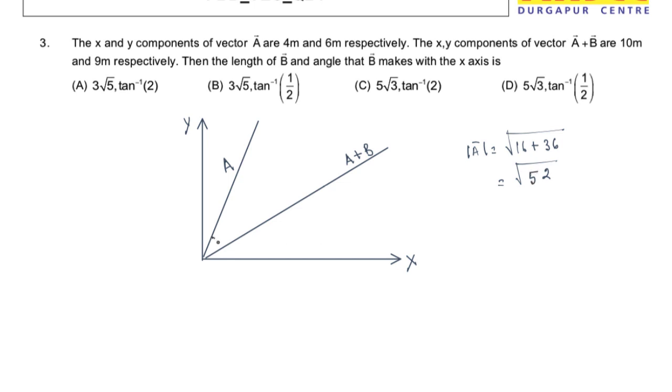And if the angle with x-axis is theta, then tan theta is equal to 6 by 4, that is 3 by 2.